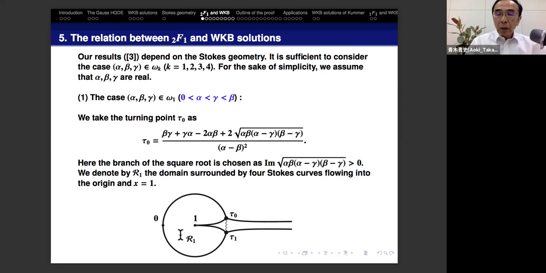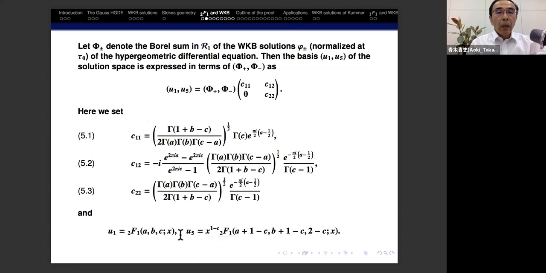Okay, and let capital phi plus minus denote the Borel sum in that region R1 of the WKB solution phi plus minus normalized at the simple turning point tau node of the Gauss equation.